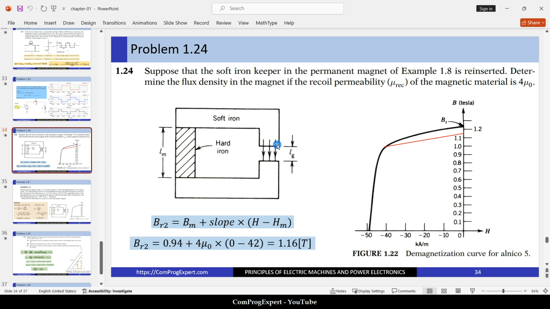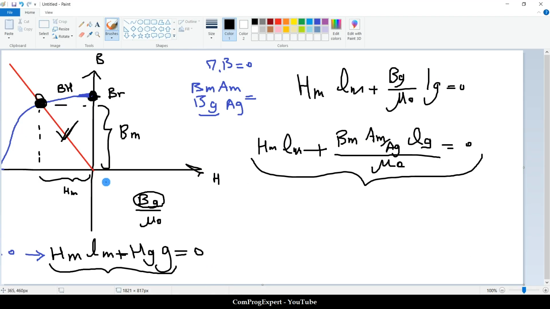If we reinsert the iron again here, the value of the H, the external field, will be equal to 0 for the magnet. It means we have a short circuit. We did a short circuit here for the magnet. Yes. So in this case, the value of H will be 0, but what will be the value of the remanence flux for the new case?